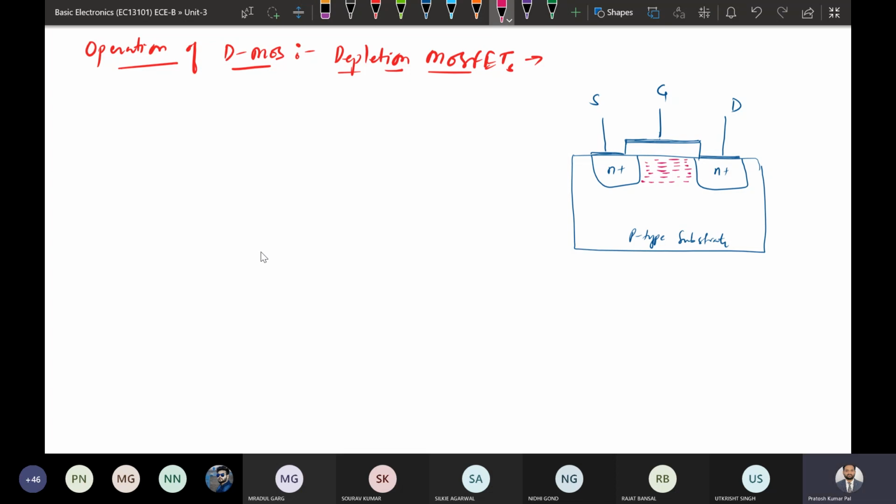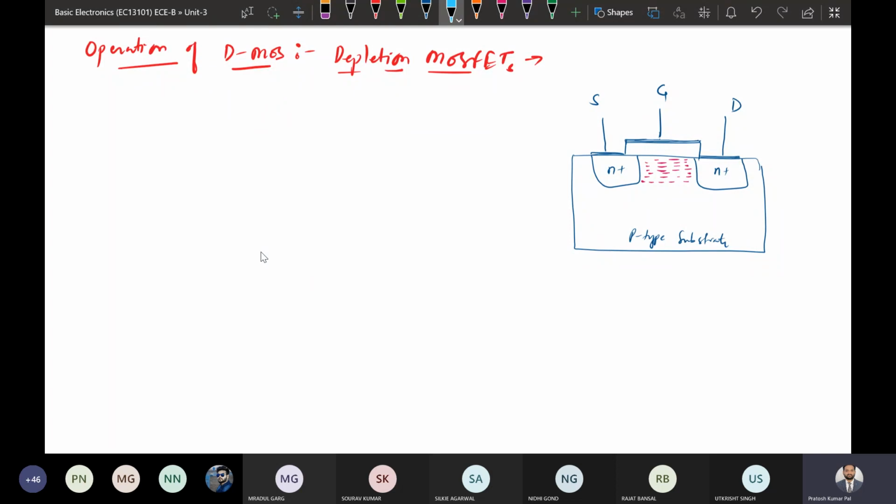So by construction, this is the structure. But to see how it operates, we need to bias this depletion MOSFET such that the gate to source voltage is reverse biased. This is the main motive in the case of a depletion type MOSFET.